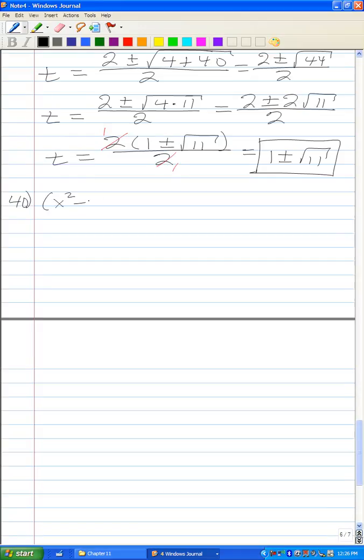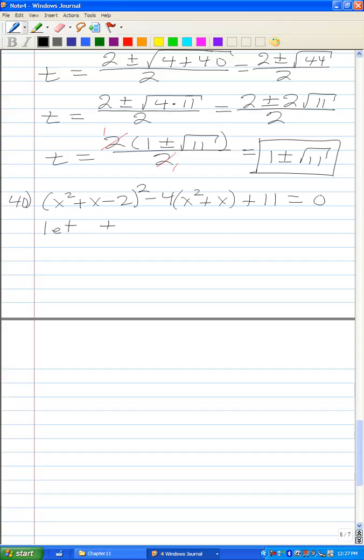x squared plus x minus 2 squared minus 4 times x squared plus x plus 11 equals 0. So in this case, let's see what I called it before.